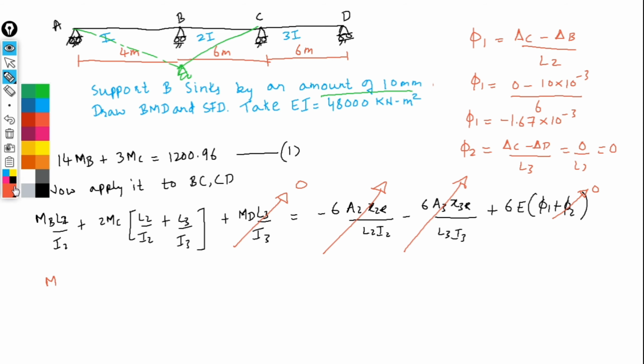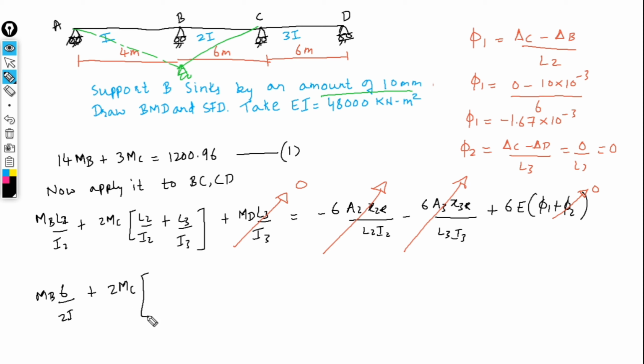MB, I will change the color. MB, L2 is 6 by 2I plus 2MC, L2 6, I2 is 2I plus L3 is 6, I3 is 3I equal to 6E into minus 1.67 into 10 to the power minus 3 plus 0.